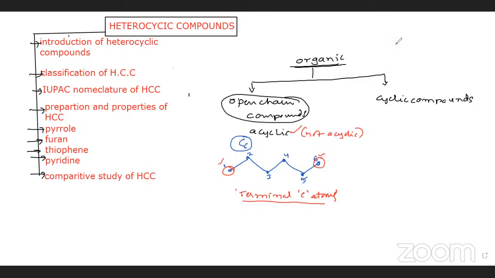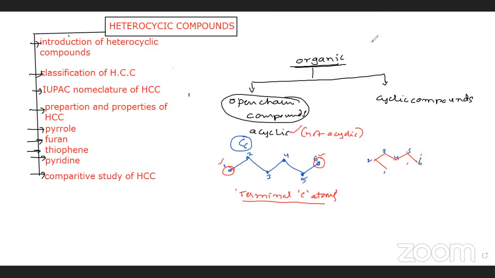Suppose the compound has 6 carbon atoms: 1, 2, 3, 4, 5, 6. First carbon, second, third, fourth, fifth, and sixth carbon atoms.